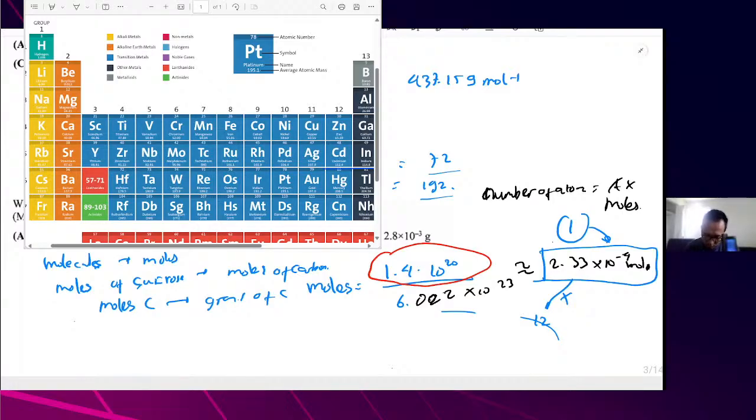We get the moles of this one. Divided by 12, and then times.